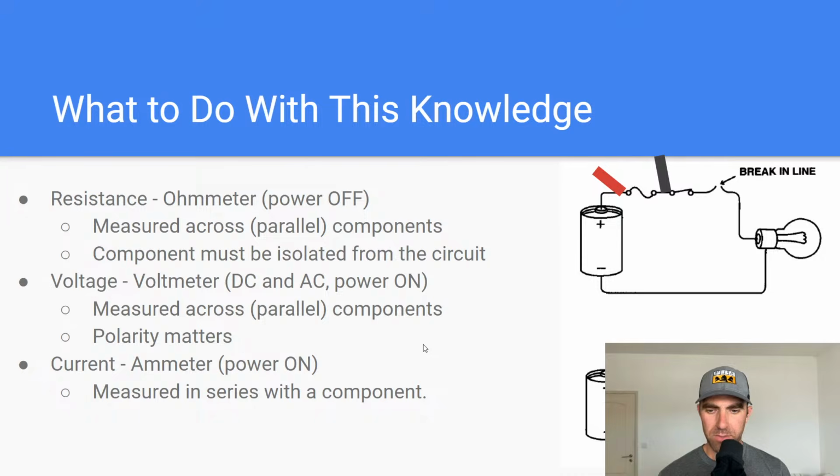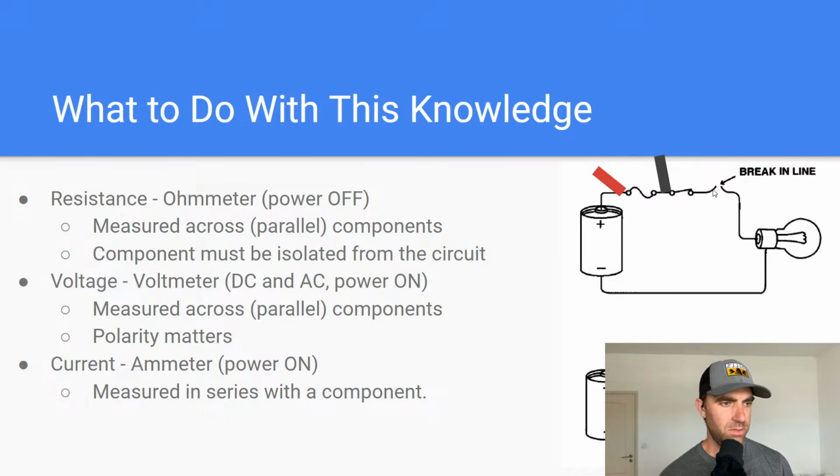All right, and then last but not least, to measure current, power has to be on again, and you're going to use the ammeter setting, and you have to measure this in series with a component. So to measure the current, you would have to break the system open and insert your leads into it. Let's say we had this break in the line here.